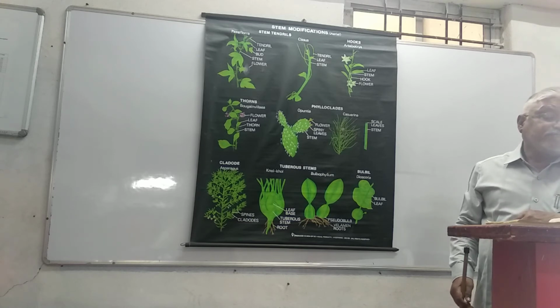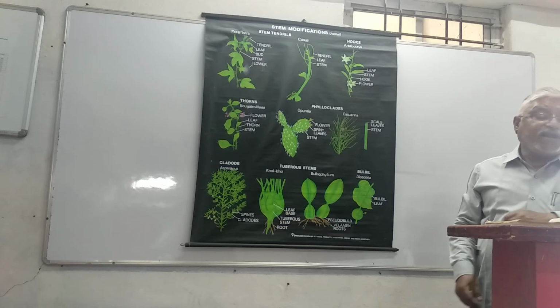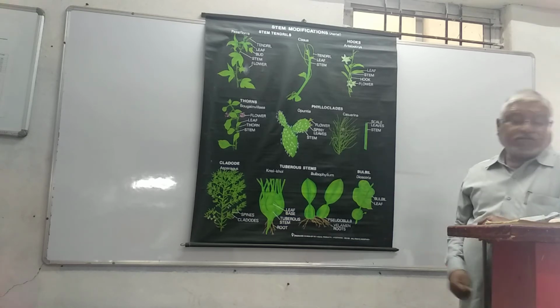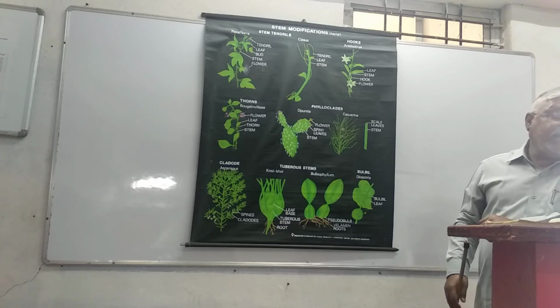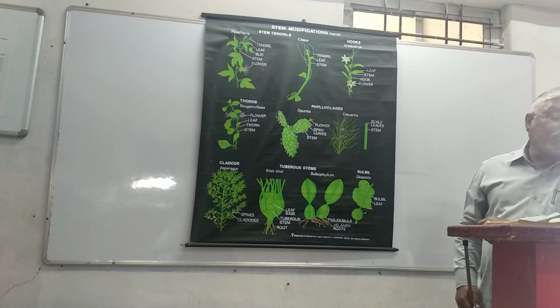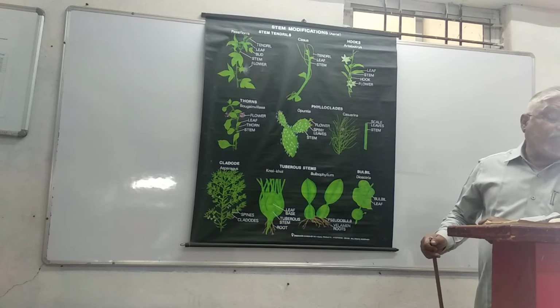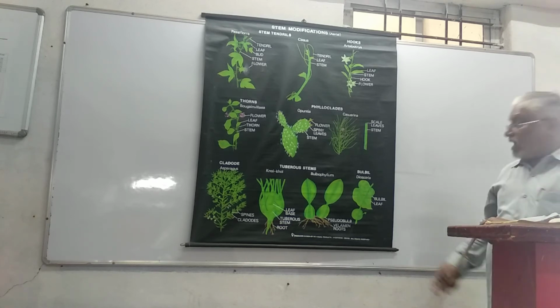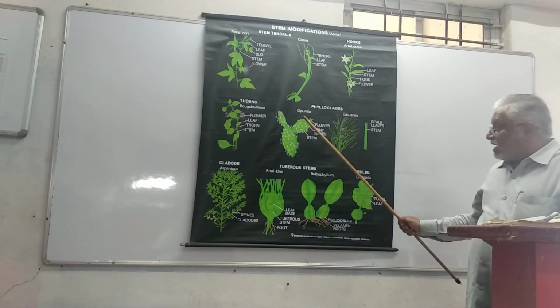In such plants, the stem or its branches become modified into a flat, fleshy and green leaf-like structure with distinct nodes and internodes. These are known as phylloclades.